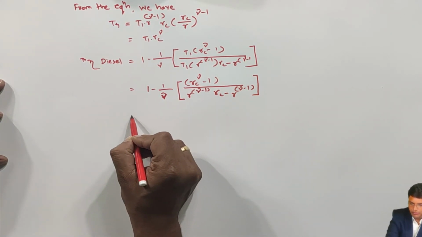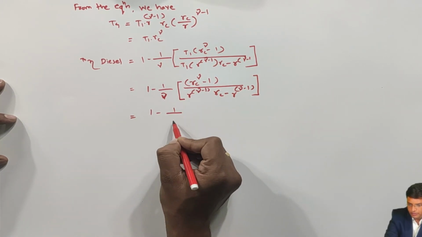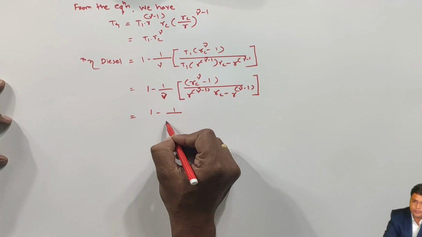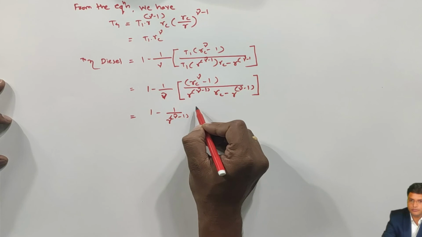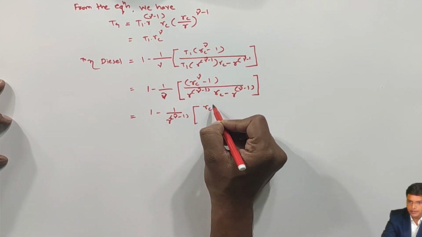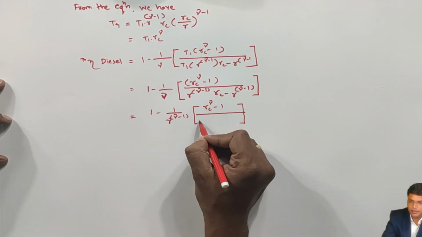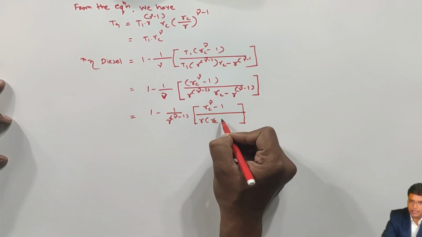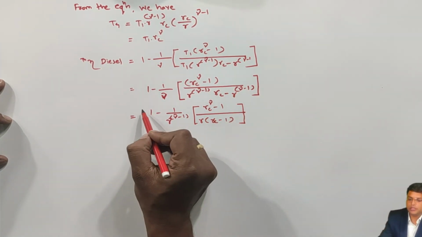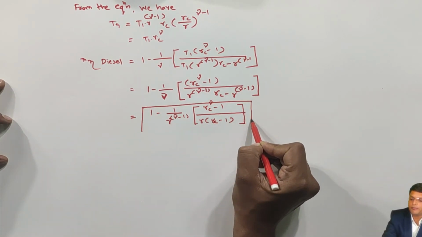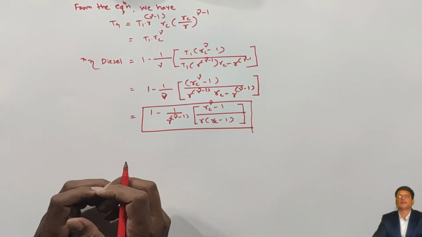Now here we will take out r raised to gamma minus 1 from the bracket. Now the equation becomes 1 minus 1 upon gamma, r raised to gamma minus 1, in bracket rc raised to gamma minus 1 divided by r in bracket rc minus 1. Now this is the equation for the thermal efficiency of the diesel engine. Thank you.